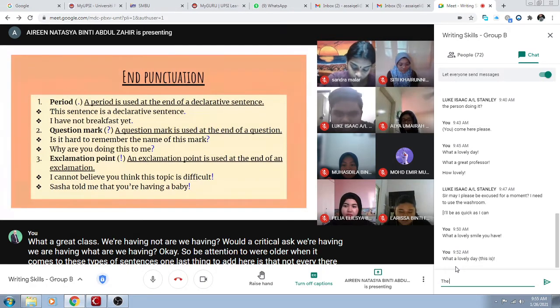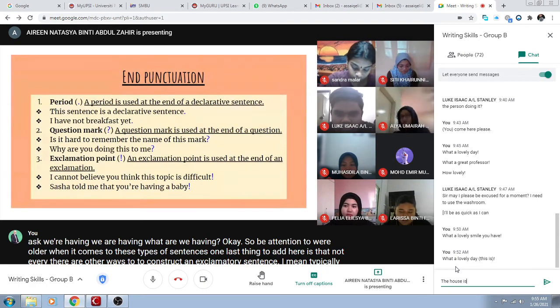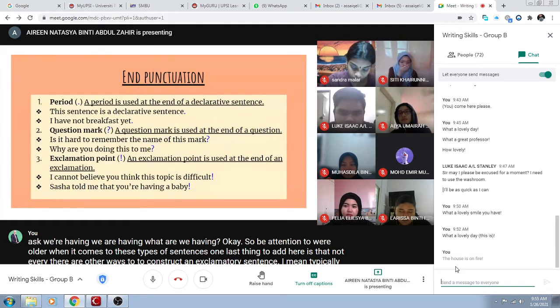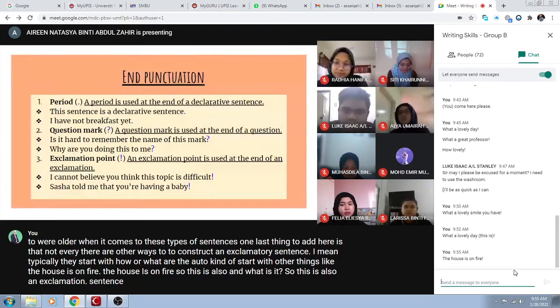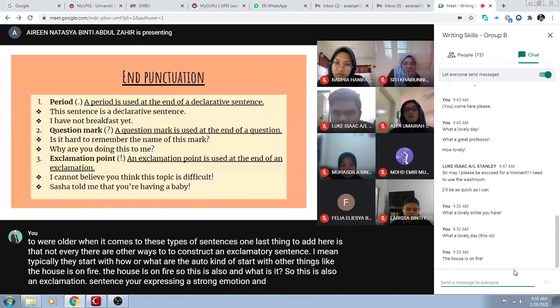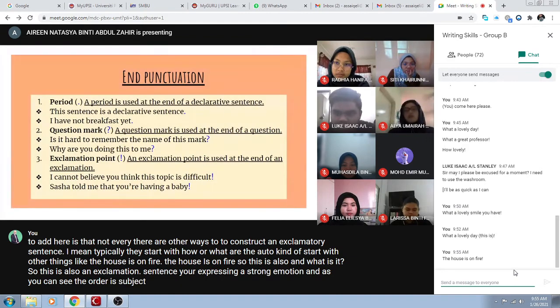So this is also an exclamatory sentence. You are expressing a strong emotion, and as you can see, the order is subject, verb, like a declarative sentence. Any questions about this part of the class?